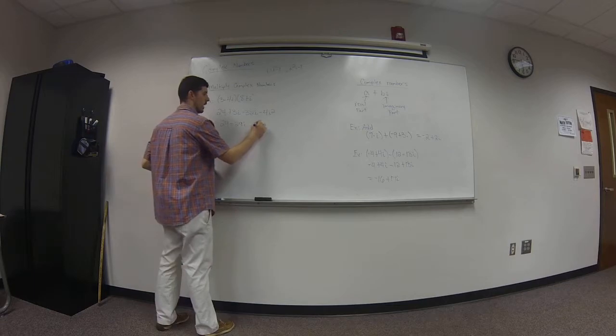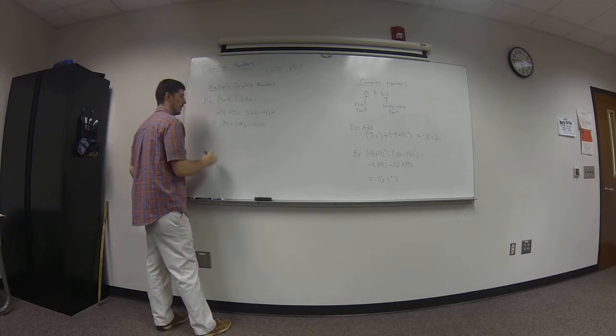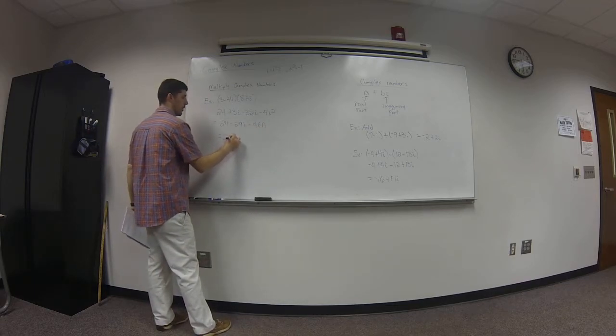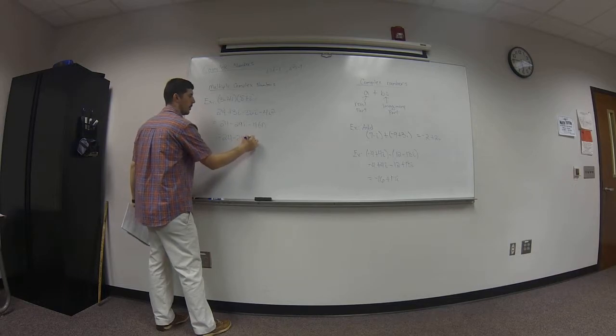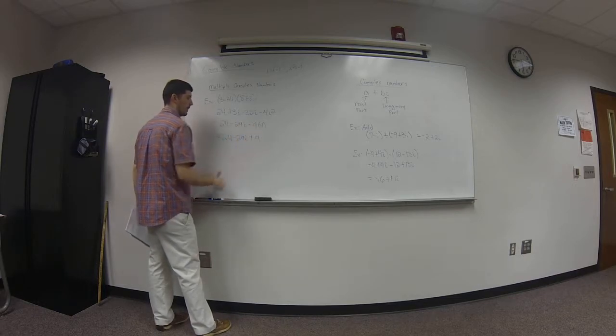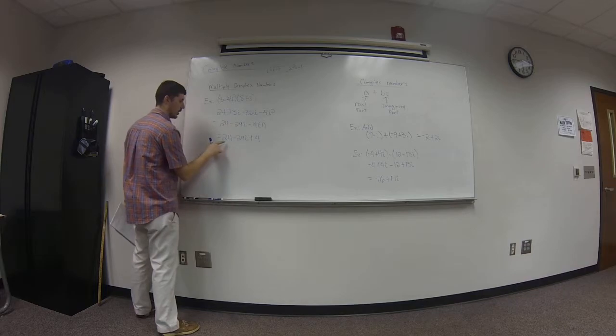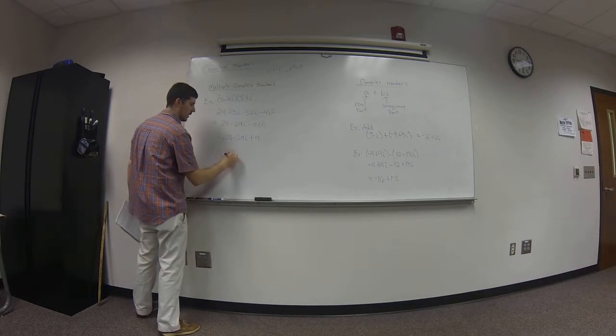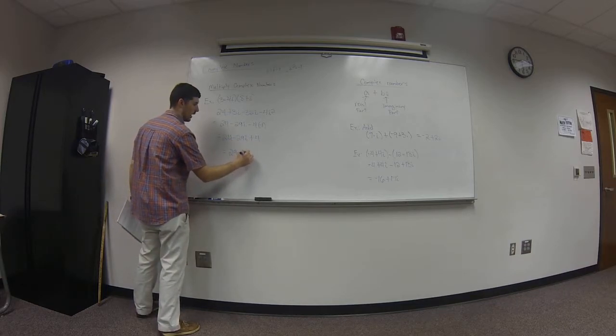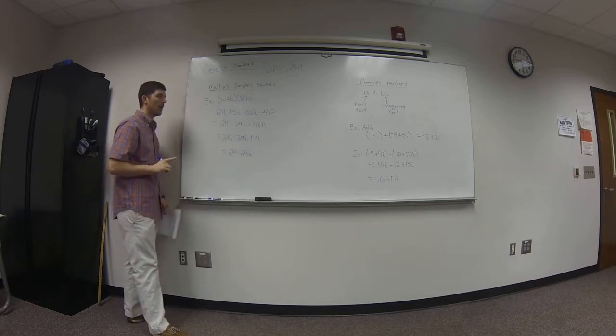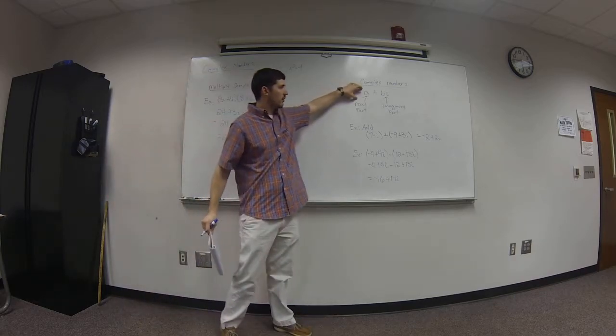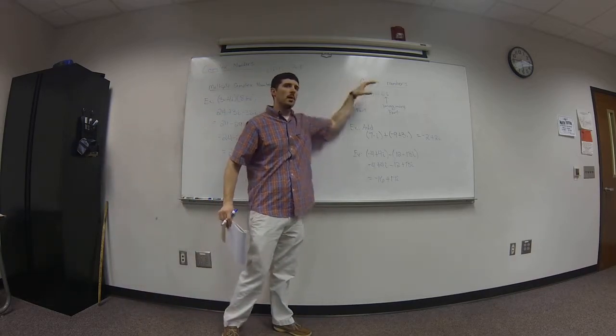So this is minus 4 times negative 1, which gives 24 minus 29i plus 4. Combine like terms, 24 plus 4, and we get 28 minus 29i. Remember, your answer needs to be written in standard form: your real part plus your imaginary part.